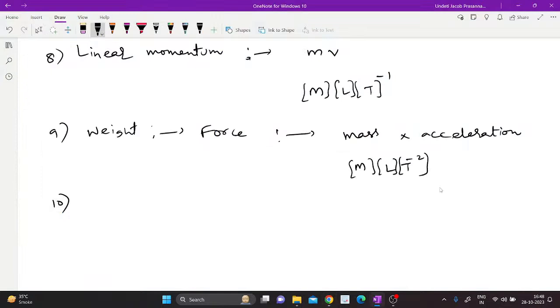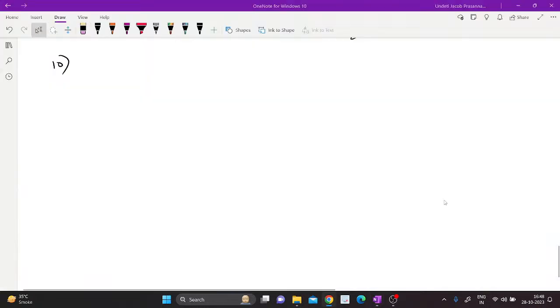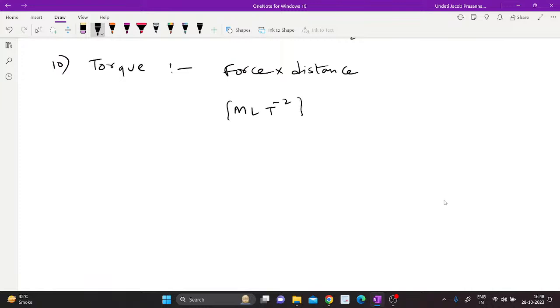If you don't know about these formulae, don't worry, because you'll be learning them in the coming chapters. For example, the torque formula is force into distance. Force is m L t power of minus 2. Distance formula is L. So this comes out to be m L square t power of minus 2.